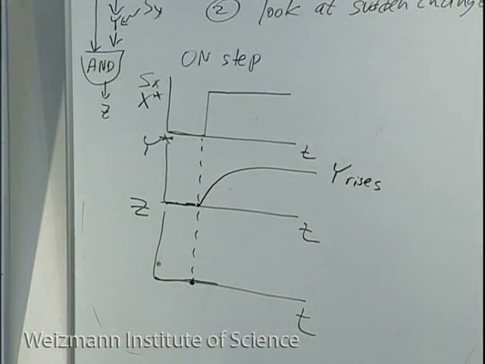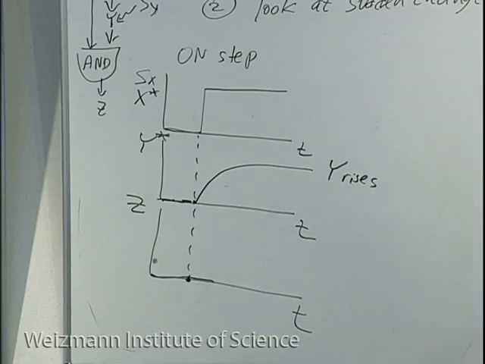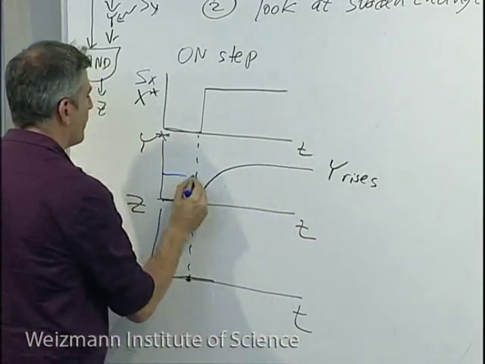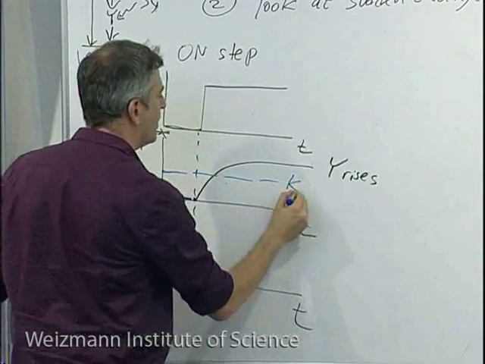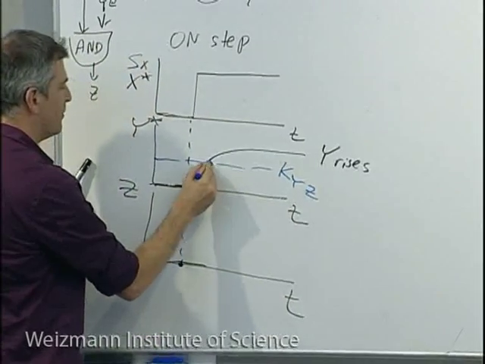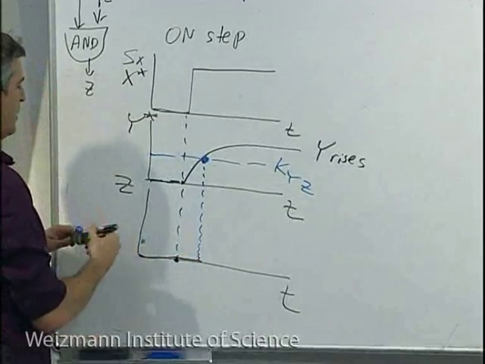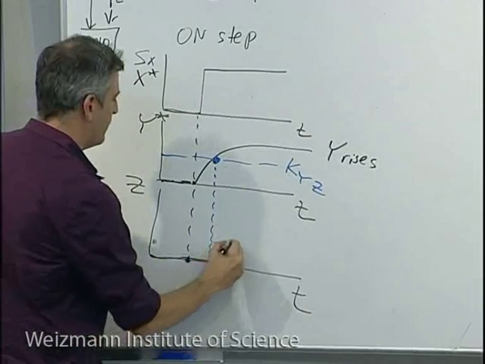The answer here that I heard is when Y star exceeds the activation threshold, K_YZ. And at this time here, Z starts being made.